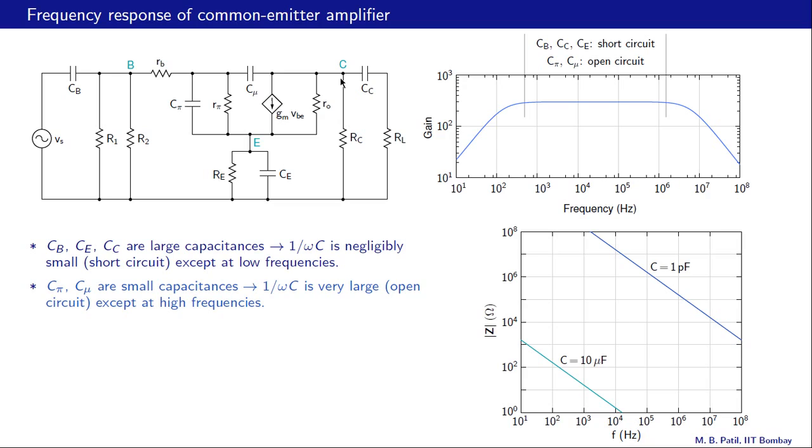Now imagine that the frequency has increased, say we are somewhere here, so that means the impedance presented by C pi and C mu has now become smaller, and now this current is going to split into different branches, and that's going to reduce the current through this R pi, causing a reduction in the output voltage. So that is what is happening roughly in this region.